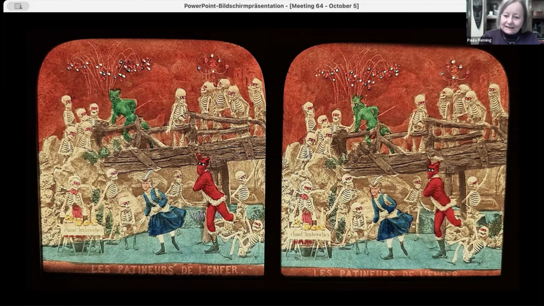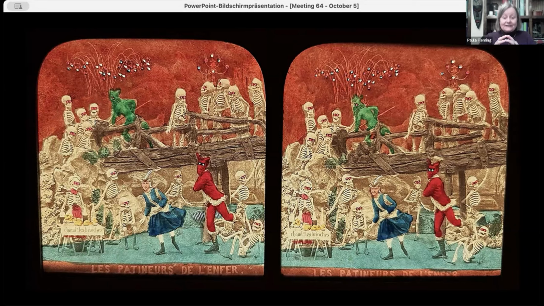He's skating, he's falling down. Life is great. He loves it. The skeleton female figure on the left, she's selling brioche and drinks. And it's a happy time for almost everyone except the group on the upper left that is being poked and not allowed to join the party.